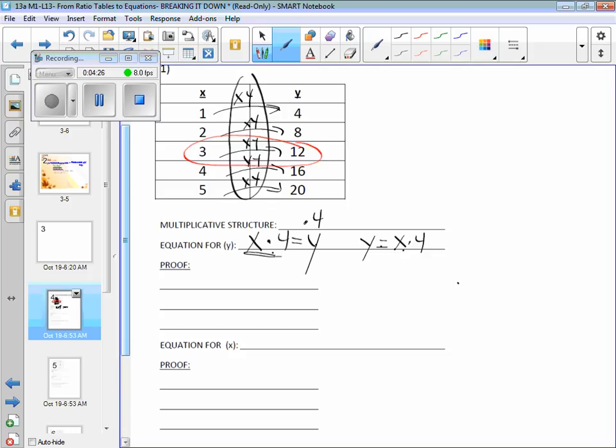You take the equation we created here. I'm going to circle it. And all I'm going to do is rewrite it without substituting just yet. Now I'm going to substitute. Sebastian, help me out. What value in the circled ratio, which of those two values, 3 or 12, is the x value?